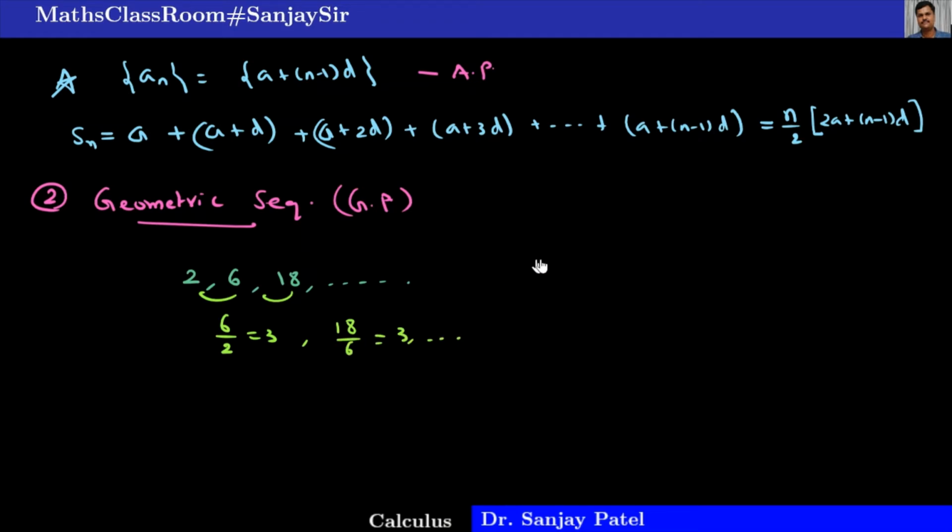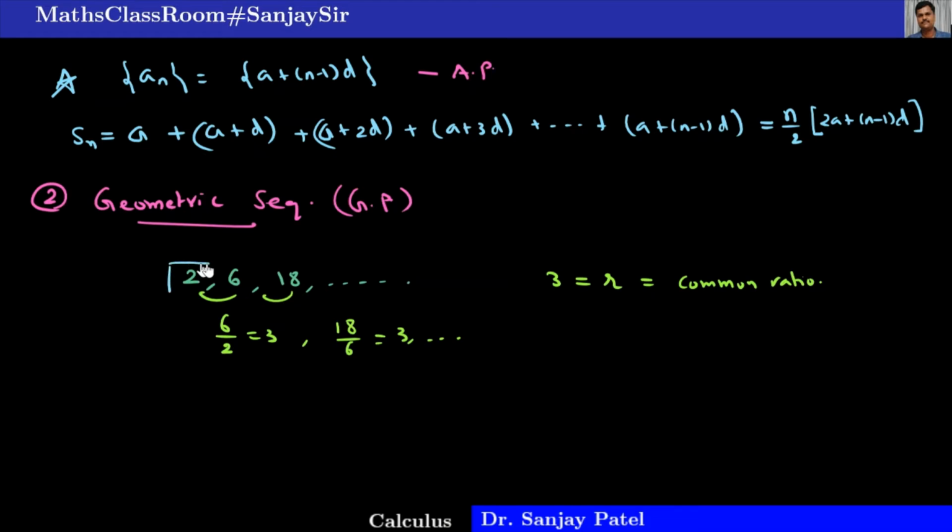So this 3 is called a common ratio, and it is always denoted by the symbol r. It is known as common ratio. And such a sequence is called a geometric sequence. So what is a geometric sequence? A sequence in which the ratio between two consecutive terms remains a non-zero constant is called a geometric sequence.